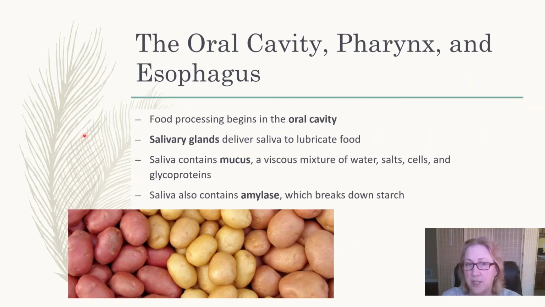The glycoproteins, the proteins that are in mucus, are very hydrophilic and bulk up with water when they're exposed to water after secretion. And saliva contains an enzyme, amylase, which starts the breakdown of starch. So if you chew starchy things long enough, and I mean like a really long time, like several minutes, they actually start to taste sweet because you're releasing the glucose that's in that starch.